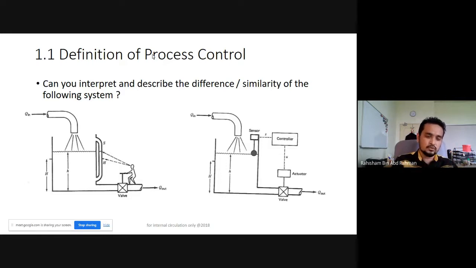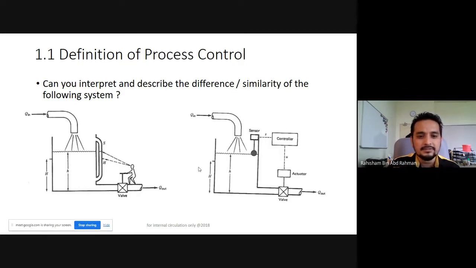Process is to convert or transfer from A to B, for example, after being analyzed or evaluated, after having undergone a certain stage during the process application. And control is the mechanism to control, to make it faster, to make it slower, to make it hotter, that kind of thing.